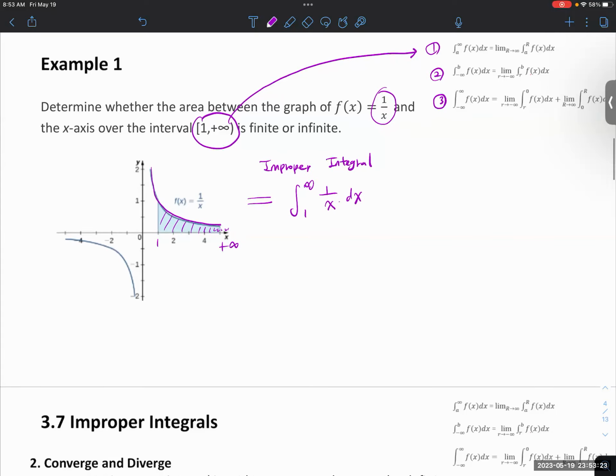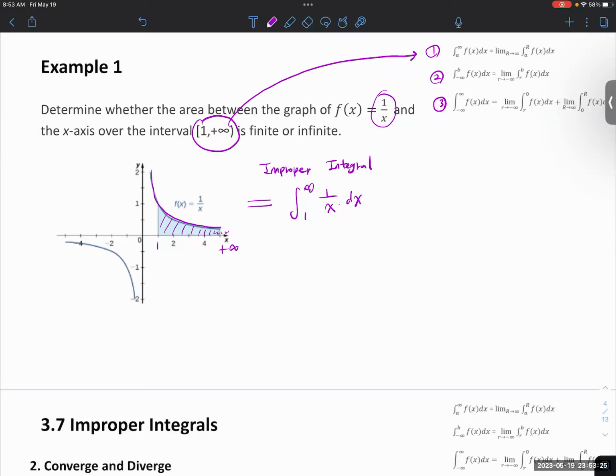Because we don't know how to take the integral with infinity, we're going to convert it to a limit. So that means the limit as r approaches infinity of the integral from 1 to r of the same function, 1 over x dx. Are we okay? Now you can take the integral, then you can take the limit.